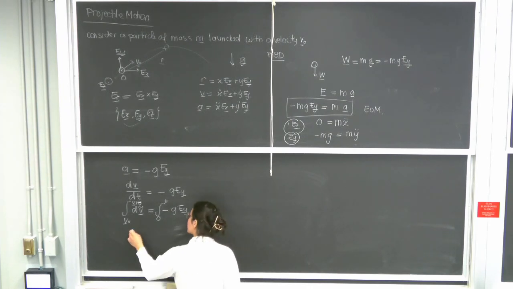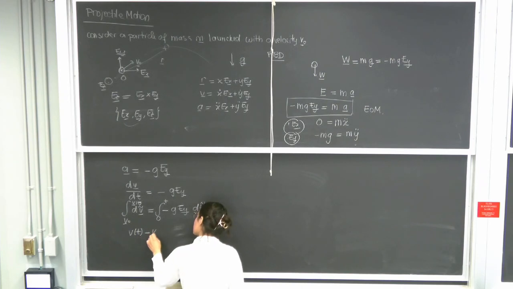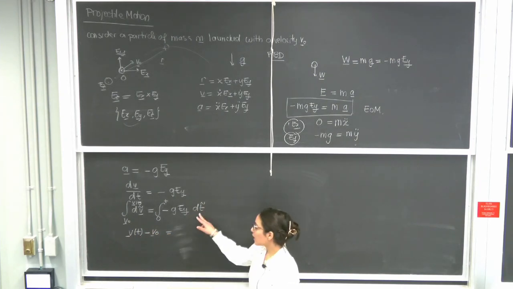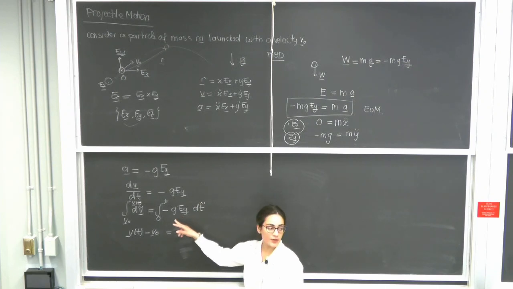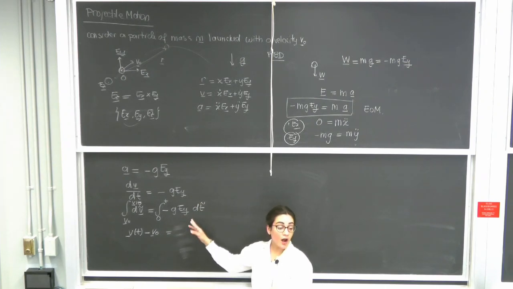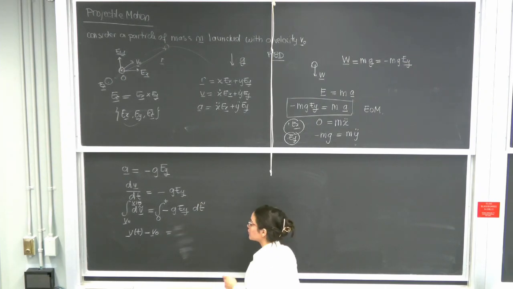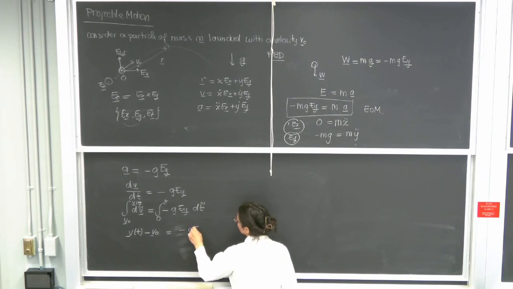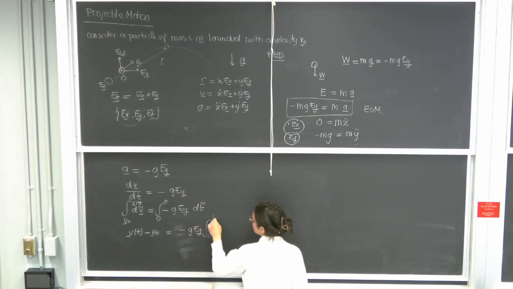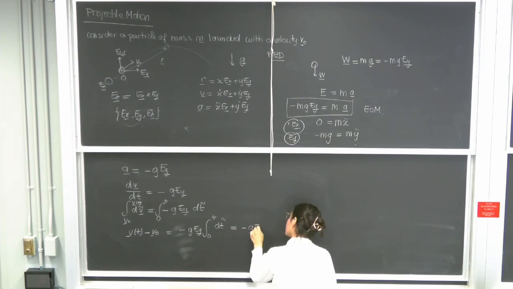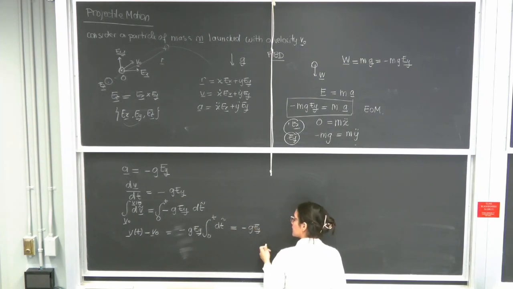Right, v of t minus v initially at t equals 0. And on this side, I'm just integrating. Ey is a constant, and minus g is also a constant. I can take minus g ey outside, integrate from 0 to t dt. So that will be minus g ey t.